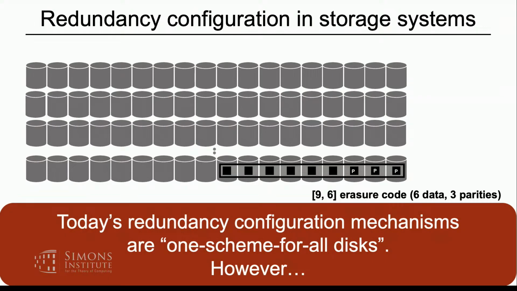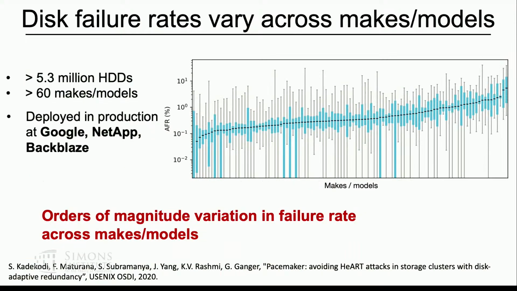And today, in most large-scale distributed storage systems, these parameters are chosen in a one-scheme-for-all-disks fashion, because that assumes an average failure rate across the disk drives in the entire cluster. So we did a study on millions of disk drives from production clusters, including at Google, NetApp, and Backblaze, and we found some interesting data.